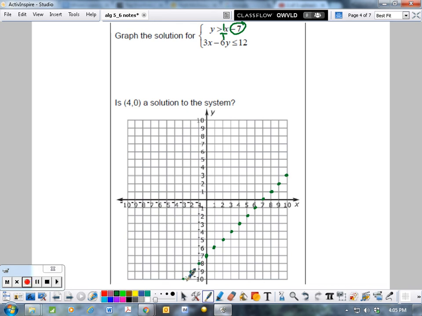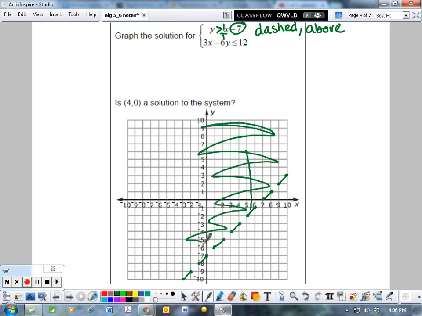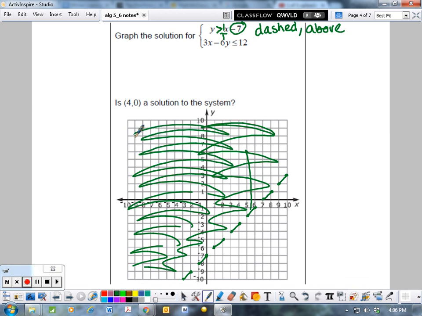And then my symbol is greater than, so it's going to be dashed. And it's going to shade above the line because it's greater. So a dashed line, shading above, so give myself, okay, this area. So good at staying inside the lines.